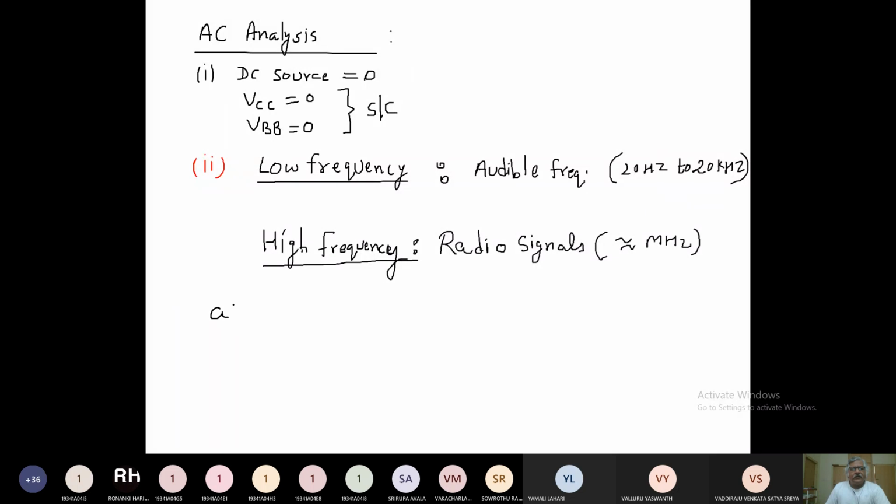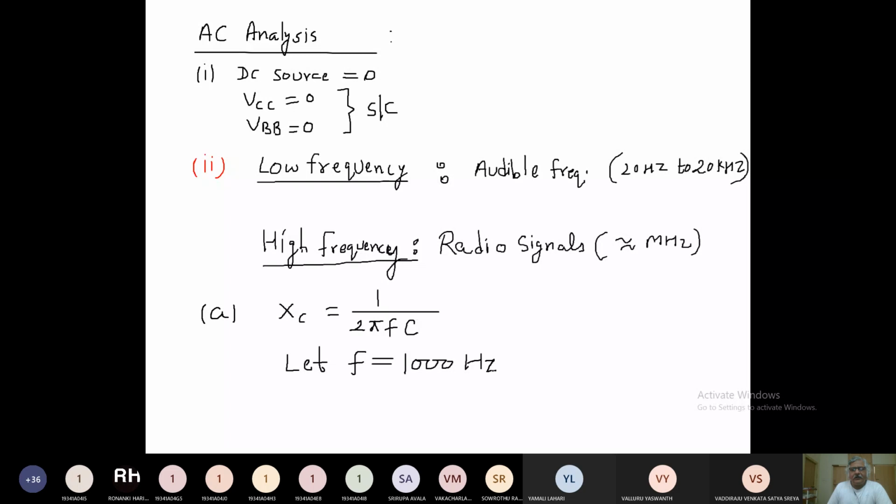Now, since we know that the capacitive reactance is given by 1 by 2 pi f C, let us assume the frequency of the signal is 1000 hertz, right?